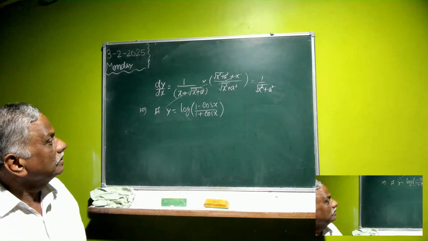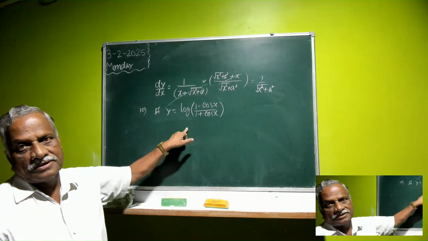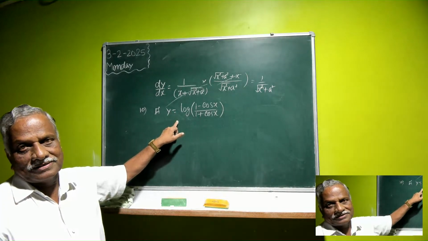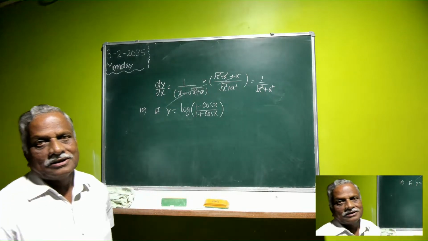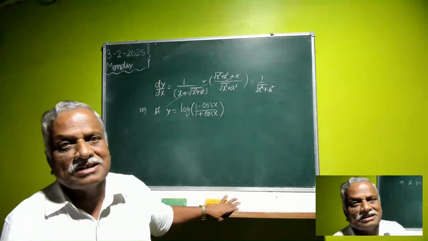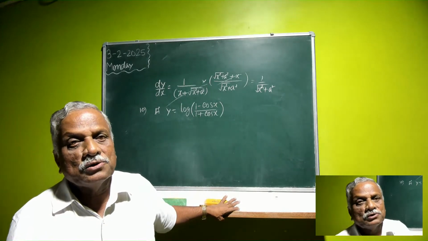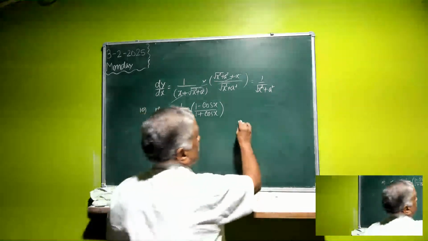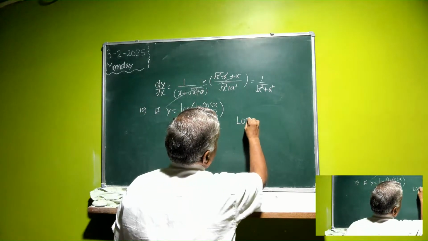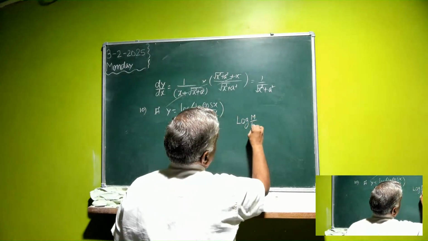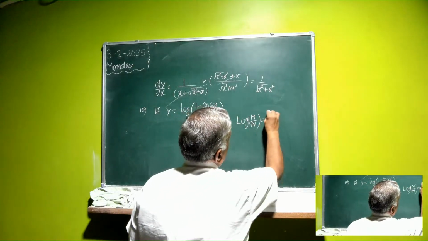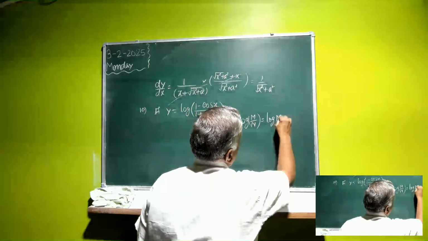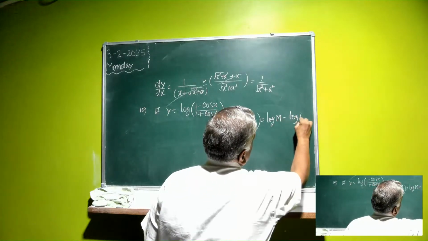So let me work this. First, we should differentiate log, so 1 over. But I told you yesterday, whenever log is given, see whether you can use any formula. We can use the formula log m by n is equal to log m minus log n.